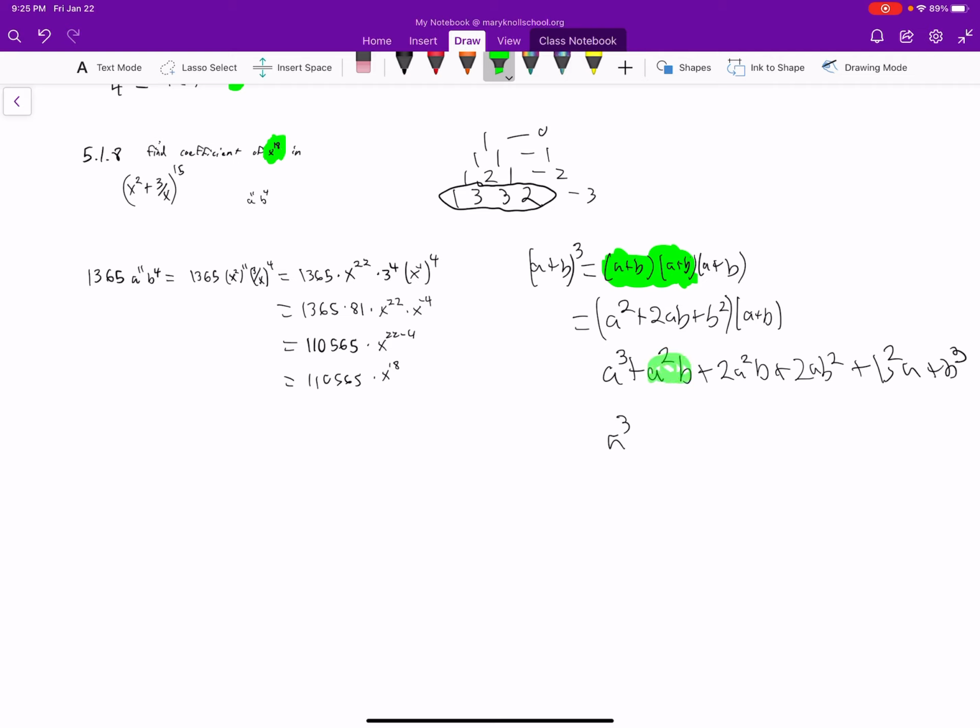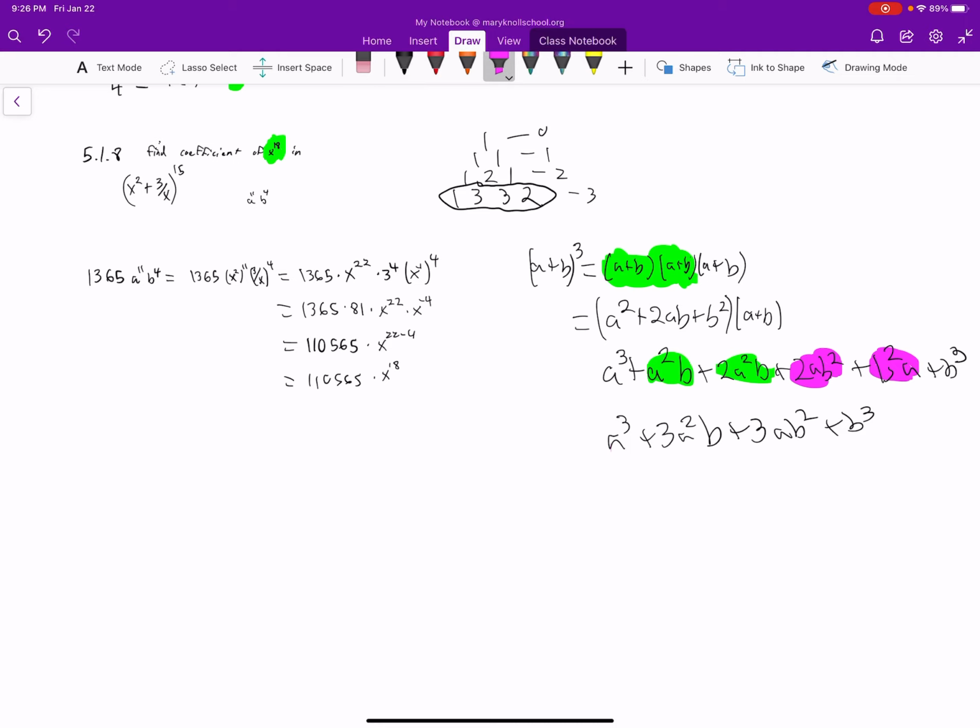Now we can combine like terms, so I'm just going to write the a cubed here, and then here's an a squared b, and here's two a squared b's. So that's going to be plus 3a squared b, right? And then this is a 2ab squared, and this is a 1ab squared, right? So that's going to end up being 3ab squared plus b cubed.